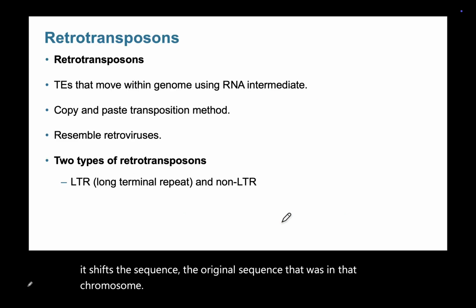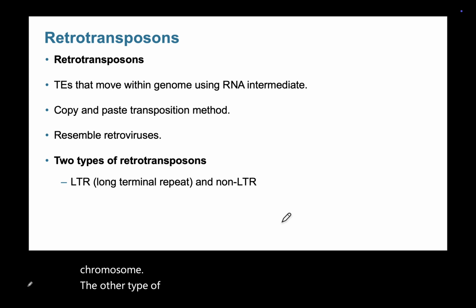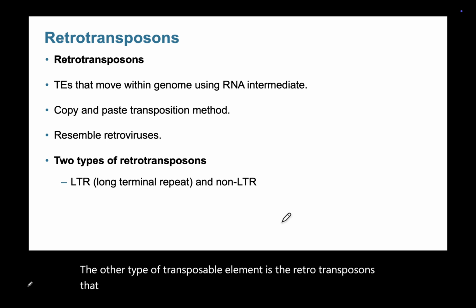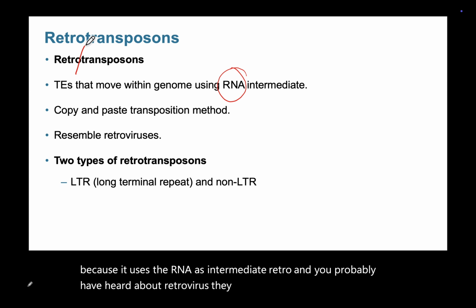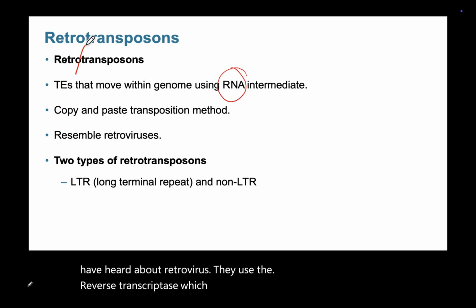The other type of transposable element is the retrotransposons. The retrotransposons receive that name because they use RNA as an intermediate. Retro, and you probably have heard about retrovirus, they use the reverse transcriptase, which is an enzyme that will make DNA out of RNA.